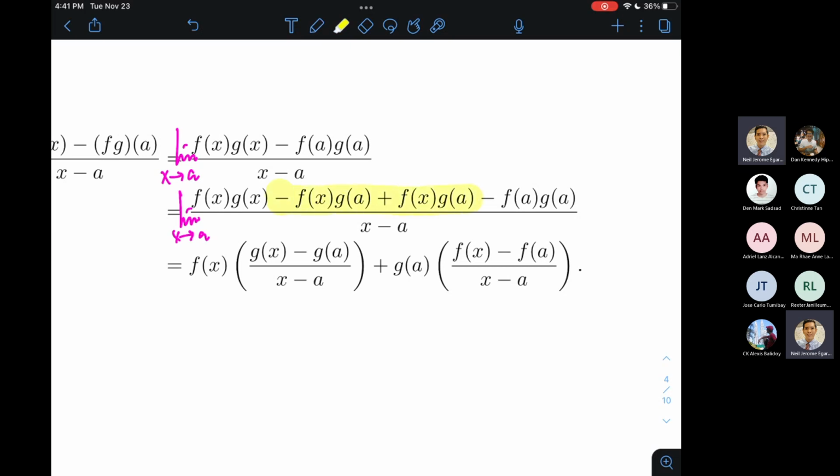Yung sum niyan ay equal kay 0, pero ang kagandahan sa paggamit sa kanila ay ito, yung susunod na mangyayari. So I will group these two terms together and group these two terms together. If we look at the first group, we can factor out f, right? So factor out si f, matitira ay ito, and take the limit.